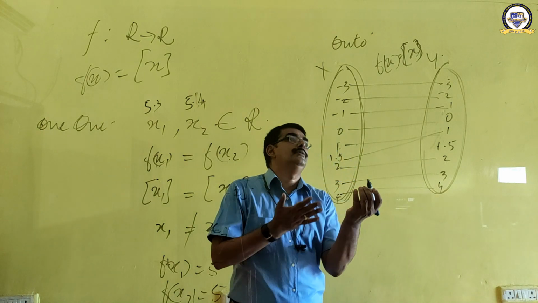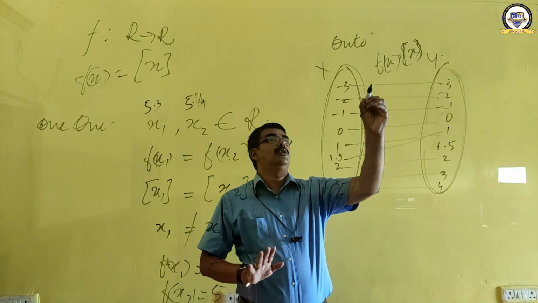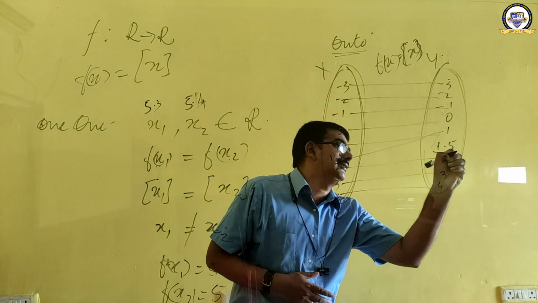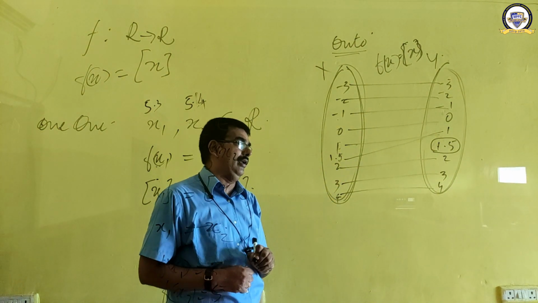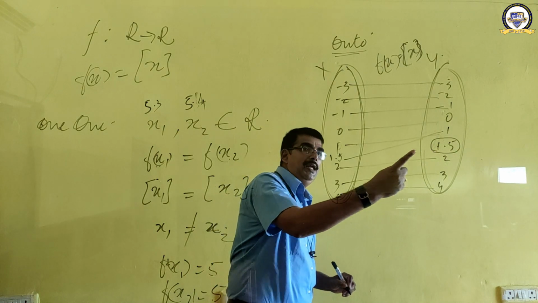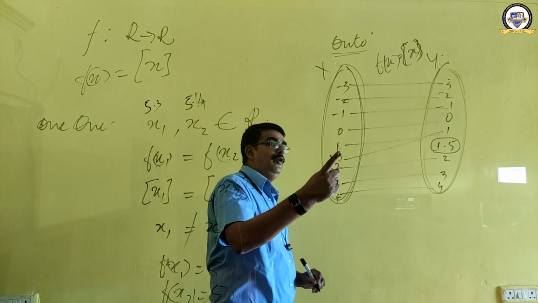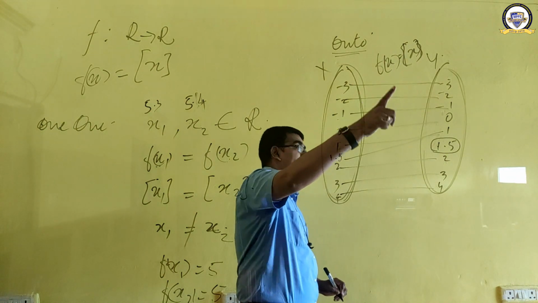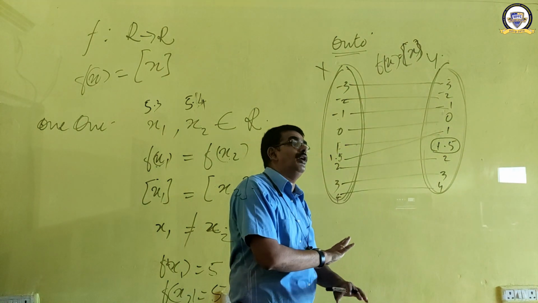And in the reverse order, you also have to think to prove that it is onto. Just consider this 1.5 over here. Do you have any pre-image for 1.5? With this definition you are going to get the greatest integer, and 1.5 is not a greatest integer.